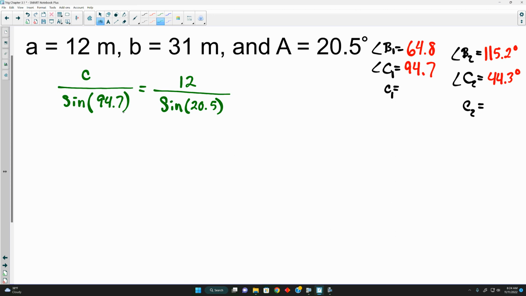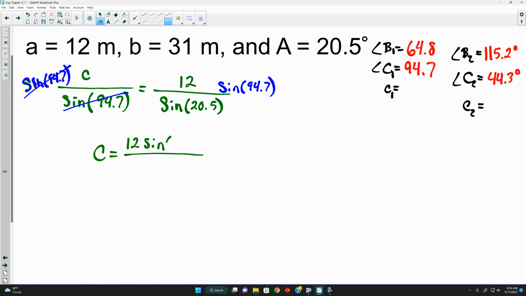So I would multiply both sides by sine of 94.7 degrees. These here would cancel, telling me C is equal to 12 sine of 94.7 over sine of 20.5.